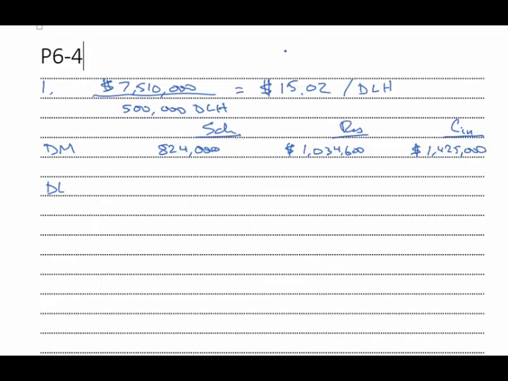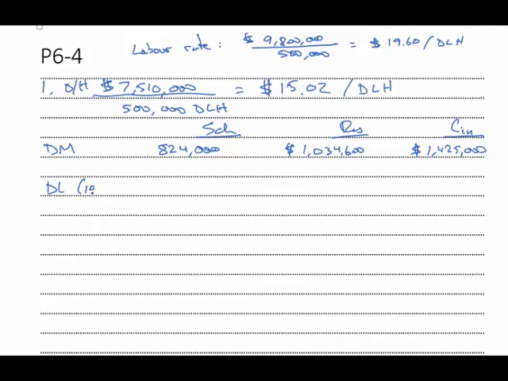So the labor rate: 9,800,000 divided by 500,000 labor hours should give us $19.60 per direct labor hour.